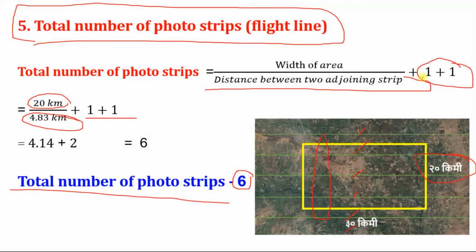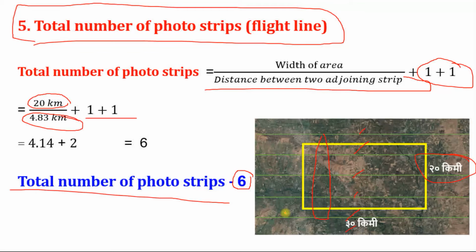Why do we consider plus 1 plus 1 here? Because 1 photo strip is required before the study area and 1 photo strip is required after the study area, or at the end position of the study area. Means at the beginning position 1 extra photo strip is required, and at the end position 1 extra photo strip is required.